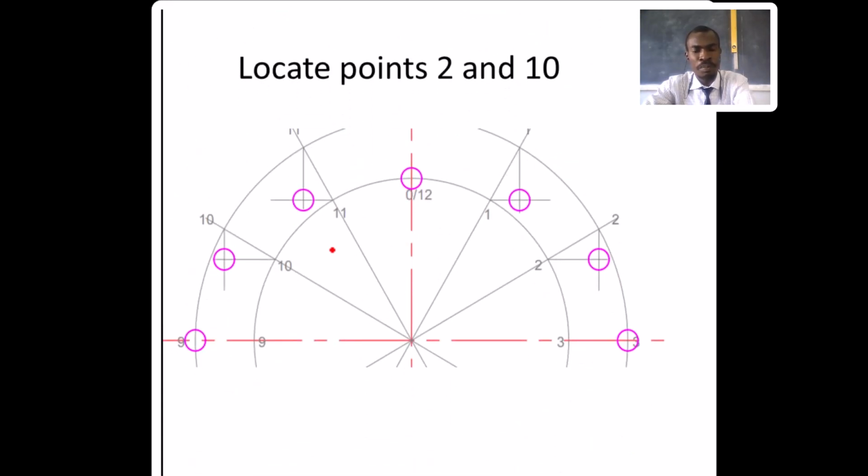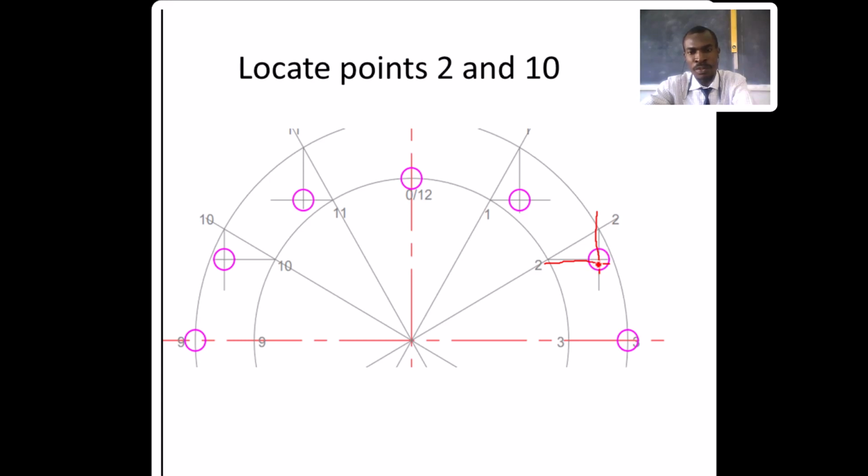We'll go to point 10 and point 2. I'll start with point 2. Where the smaller circle is crossing the dividing line at 2, you draw a horizontal line, and where the bigger circle is crossing the dividing line, you draw a vertical line.